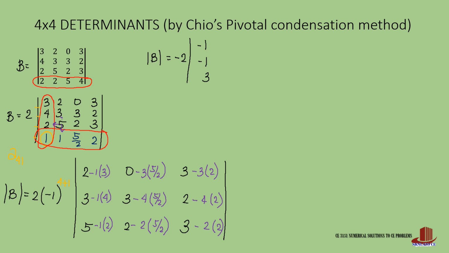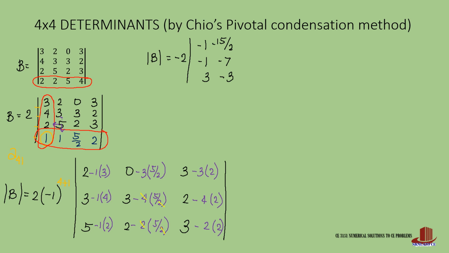Next one, 0 minus 3 times 5 halves would be taken as 15 halves, negative. Then 3 minus 4 times 5 halves, canceling these two. So you would have 3 minus 10 would give us 7, -7. Then canceling 2 and 2, we would have 2 minus 5, giving us -3.